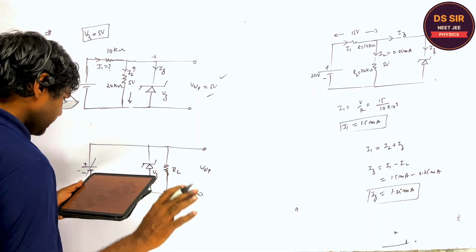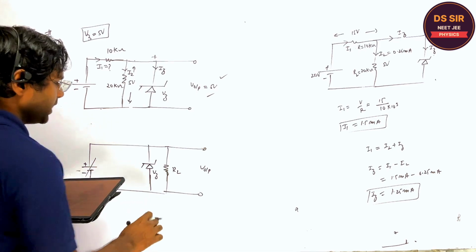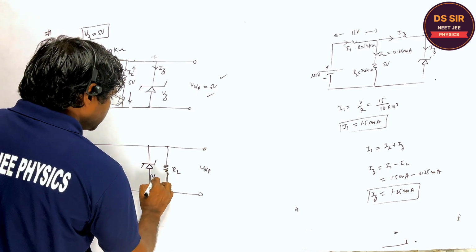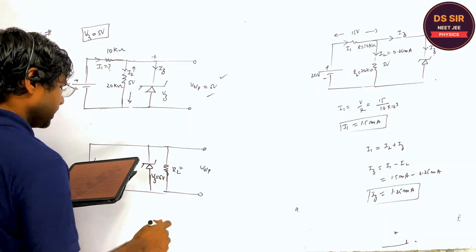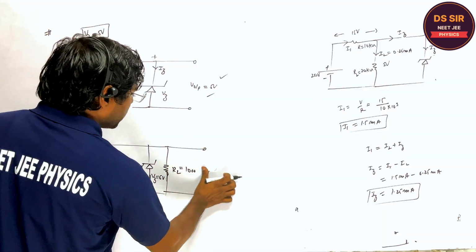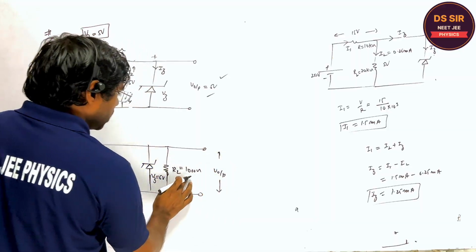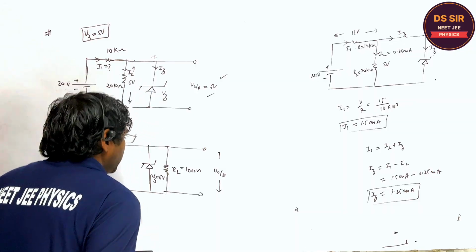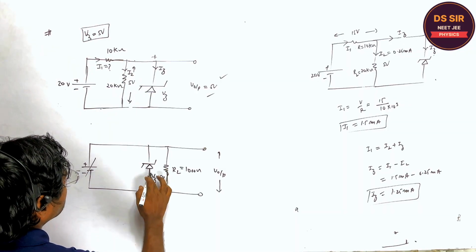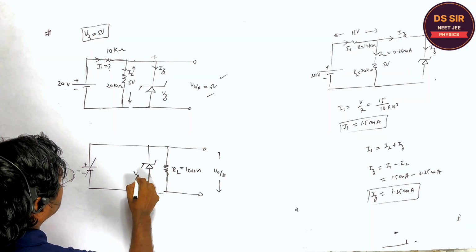You tell. In this case, what is the Zener voltage? In this case, the Zener voltage is 6 volt. Then the load resistance is given as 1000 ohm. This is the output voltage. And this is the Zener voltage, Vz is equal to 6 volt.